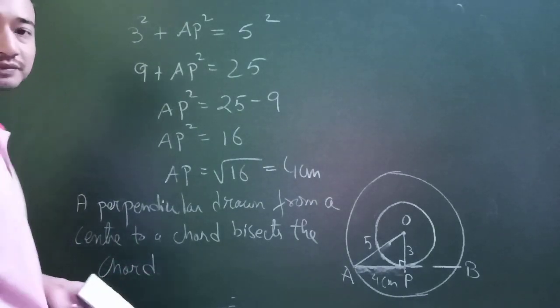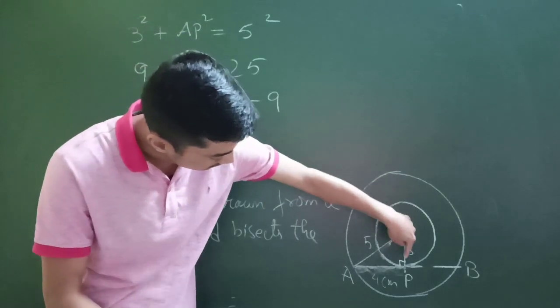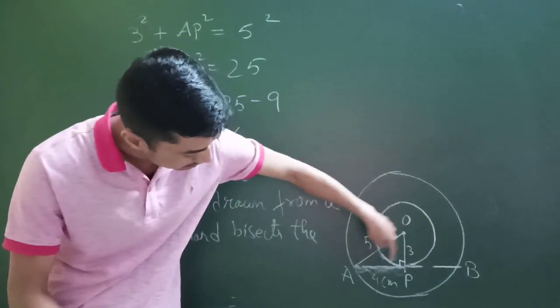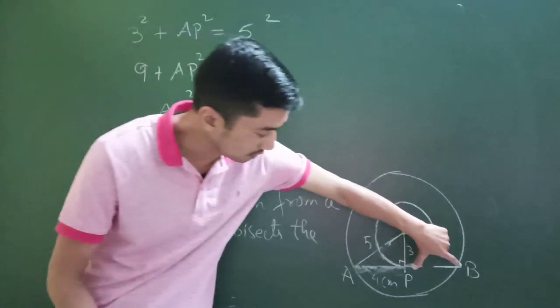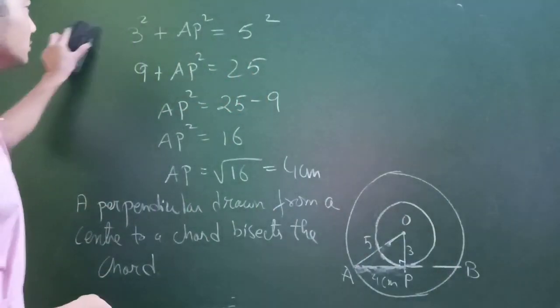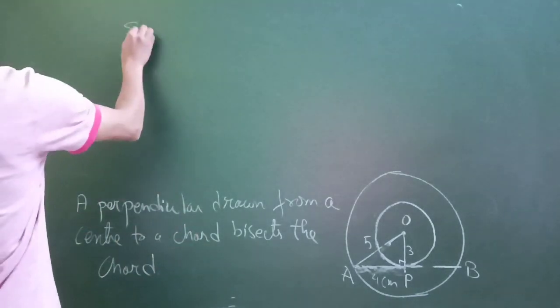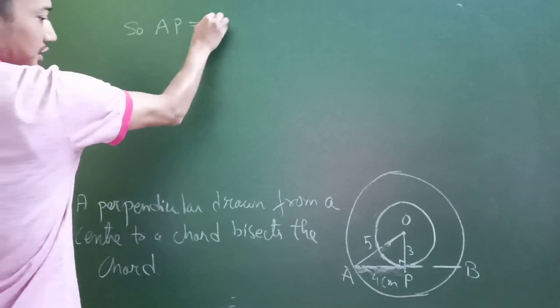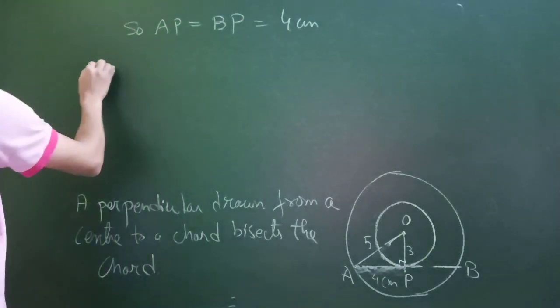We studied that, isn't it? The perpendicular drawn from the center of a circle to a chord bisects the chord. Bisects the chord means cuts it into equal halves. So AP will be equal to BP. So since AP is 4, BP is also 4.